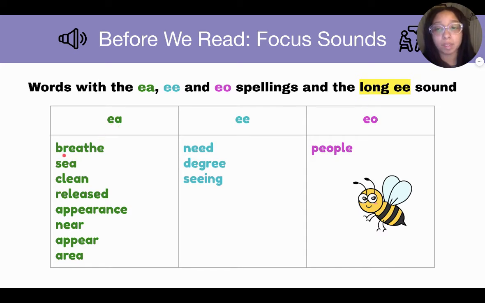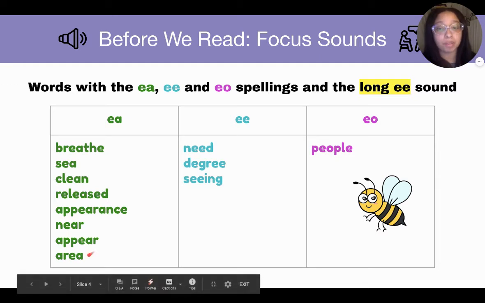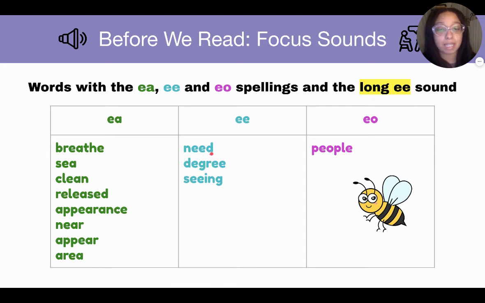EA: breathe, see, clean, released, appearance, near, area. EE: need, degree, seeing. EO: people.